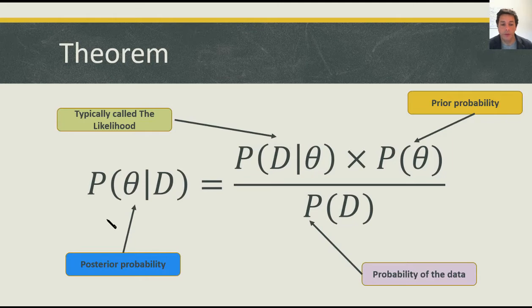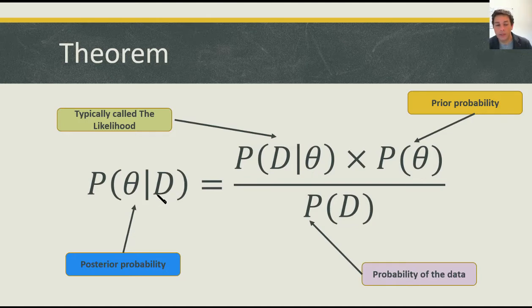The posterior is the component that we are interested in. We are interested in what's the probability that the population parameter takes different values, same as with prior. But this bar D indicates that given the data we observed.